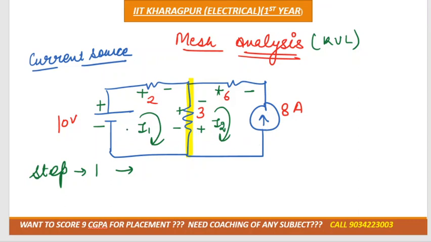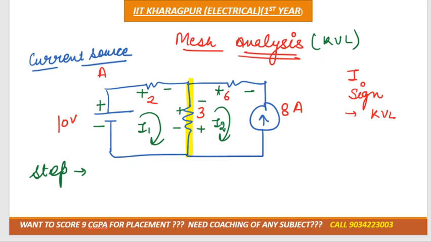We can mark the sign across the voltage source and across the resistance, but we never mark the sign across the current source. Clear? Step number three is apply KVL, right?